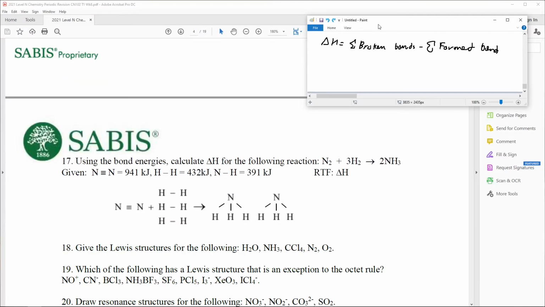If you have ever found some difficulties in either recalling or coming up with an answer to the question: are broken bonds exo or endo, are formed bonds endo or exo, and is delta H with respect to broken and formed bonds, is it broken minus formed or formed minus broken?